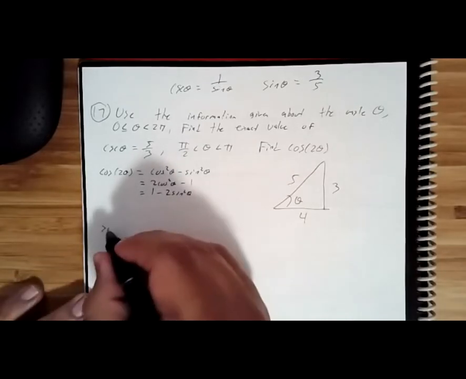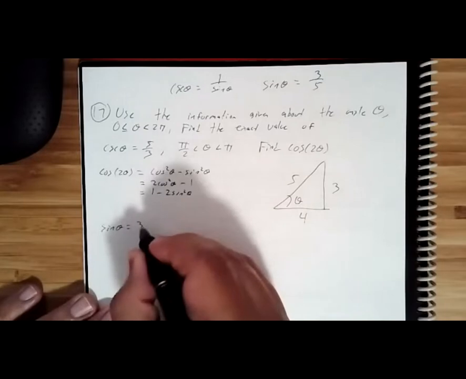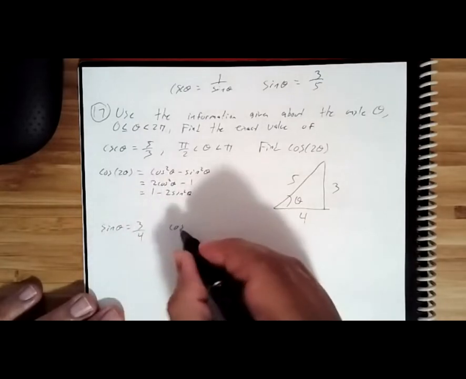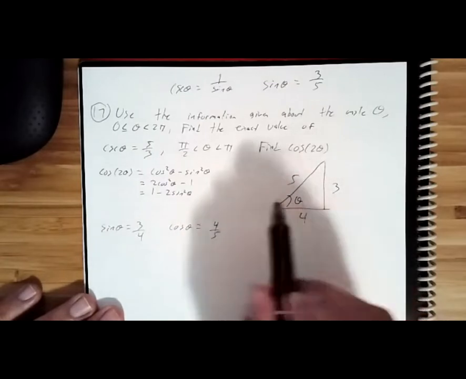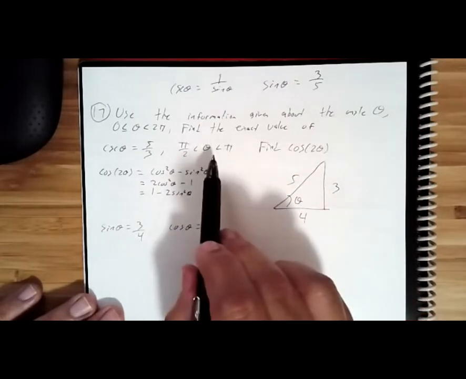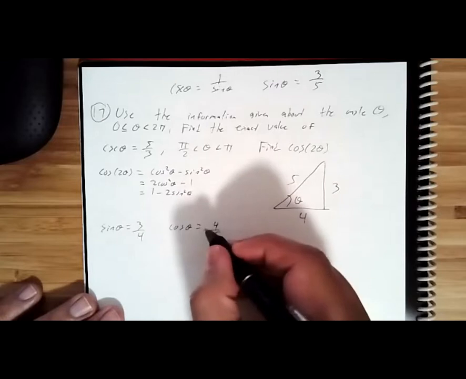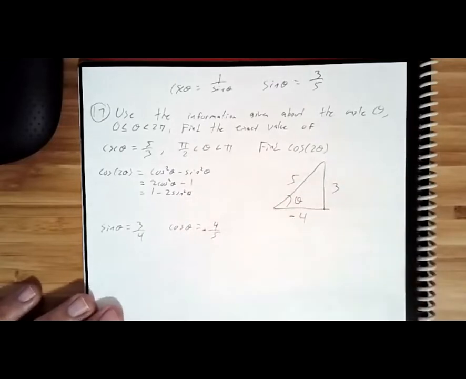So sine theta is equal to 3/5 and cosine theta is equal to 4/5. But since we're in quadrant 2, the cosine has to be negative. The x's are negative there.